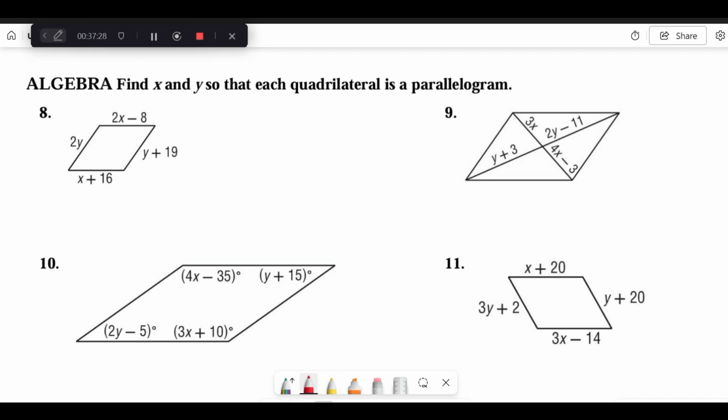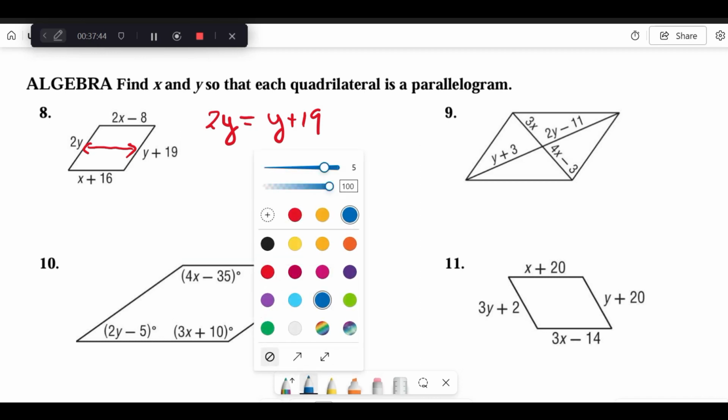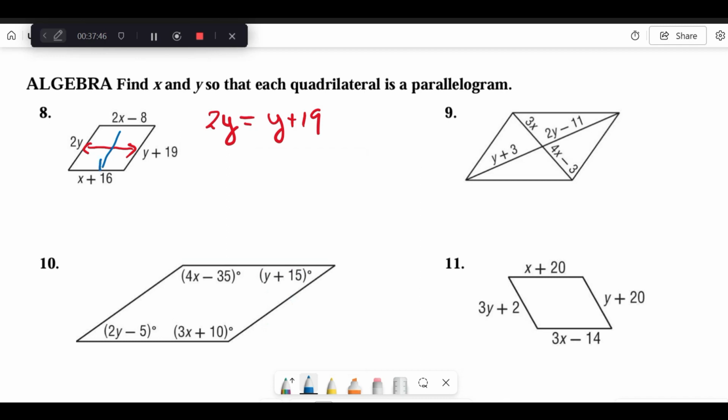Okay, so if this was a parallelogram, then these two sides would have to be congruent, and that would mean that 2y is equal to y plus 19. And also, these two sides would have to be congruent, which would mean 2x minus 8 has to be equal to x plus 16.